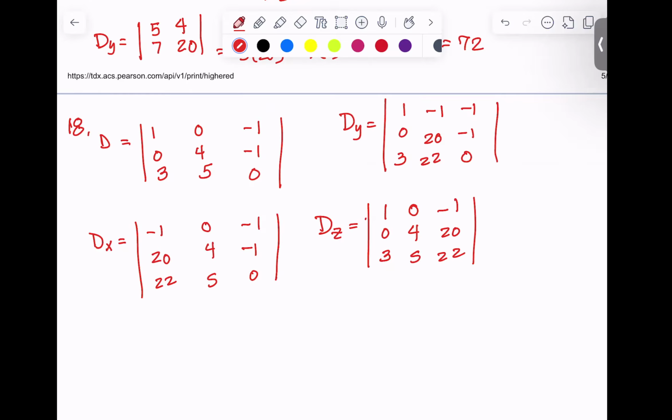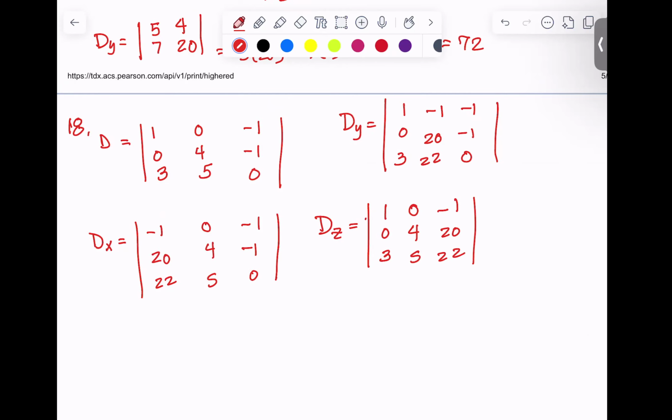And I'm going to do a quick check to make sure I have these all written down correctly before I start putting these in my calculator. So the first determinant should be 1, 0, 3, 0, 4, 5, -1, -1, 0. Check. The second determinant should be -1, 20, 22, 0, 4, 5, -1, -1, 0. Check.